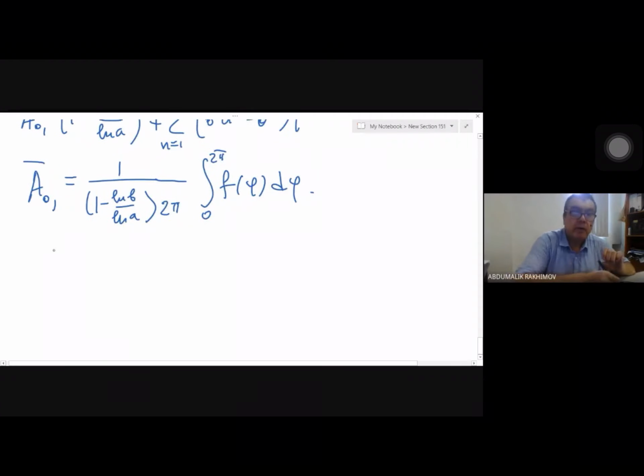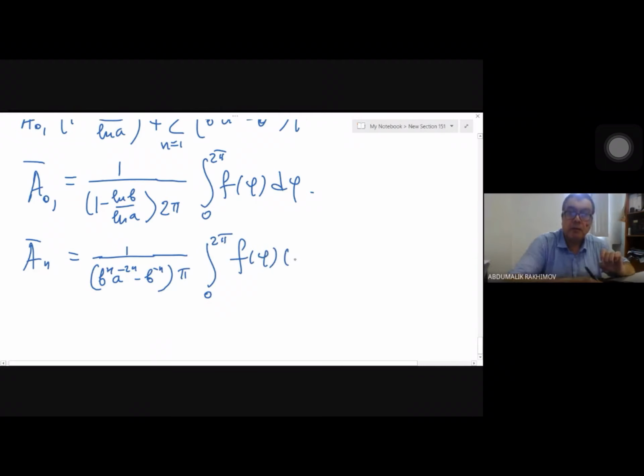And we have An bars. An bars are 1 over Bn, A to the power minus 2n, minus B to the power minus n, times pi, integral from 0 to 2 pi, F(phi) cosine n phi d phi.